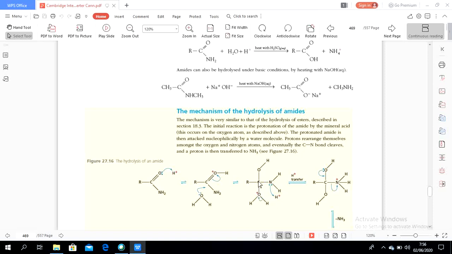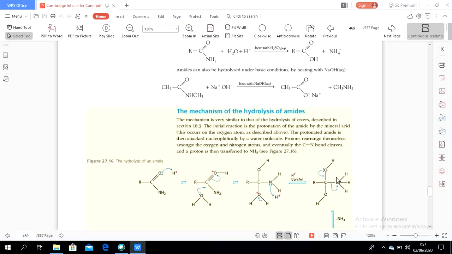So there is a temporary bond, and then one of the electrons of the hydrogen is taken by the oxygen. That makes one of the hydrogens lost. And then the lone pair of the nitrogen makes a dative covalent bond with the hydrogen ion. Okay, so there is an NH3 positive.